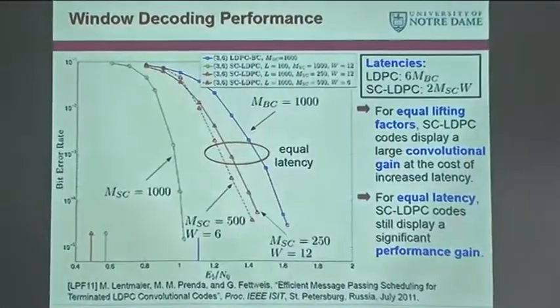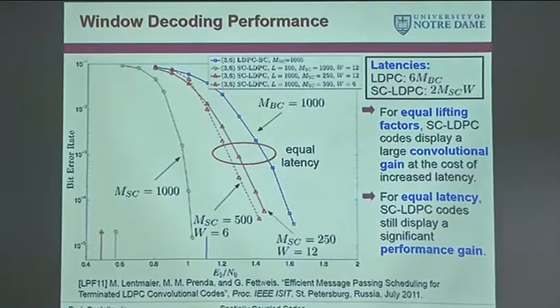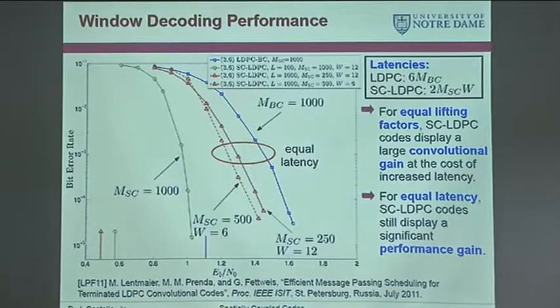And now we have some parameters that we can play with here. We could also get the same latency by increasing the lifting factor back up to 500, doubling it, but reducing the window size by a factor of 2. That's going to leave the latency the same here. And actually that does a little better.